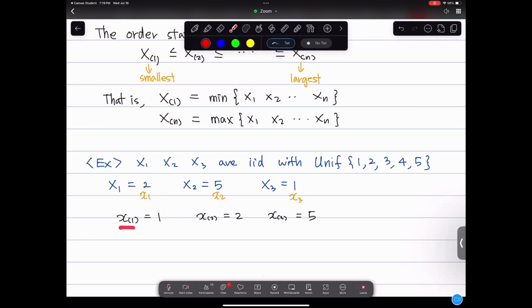So this is smallest, so we call the first order statistic value is 1. The second order statistic, the value is 2, which is this number. And the third order statistic, which is this number 5. So the parenthesis means give me the smallest of the 3, and second smallest, and the third smallest.